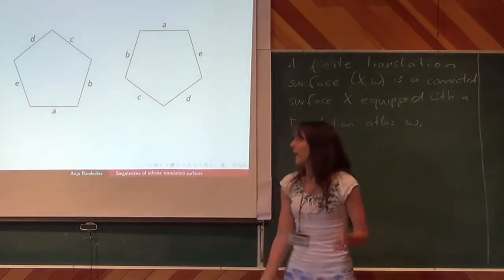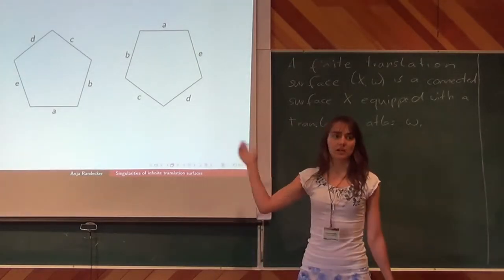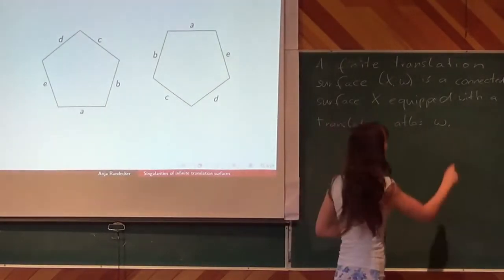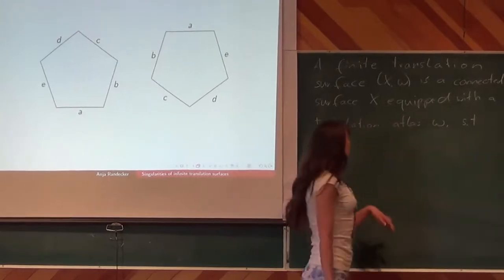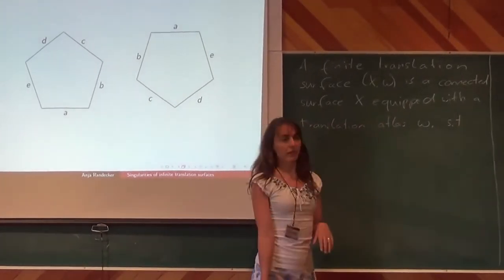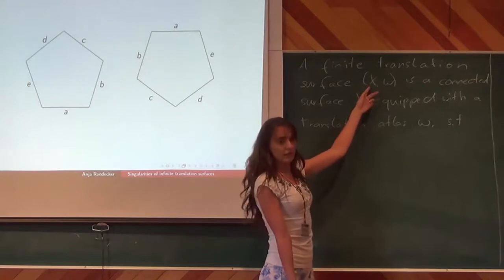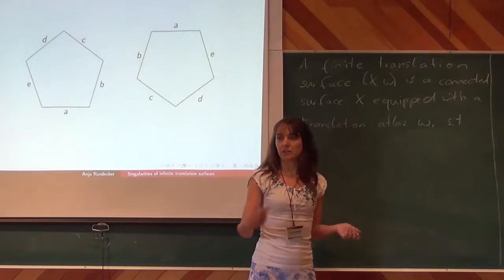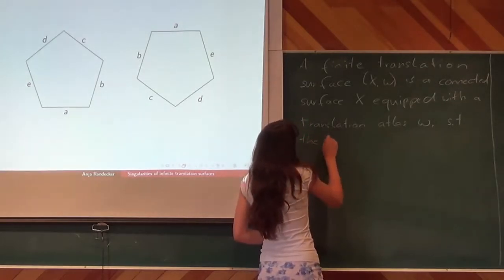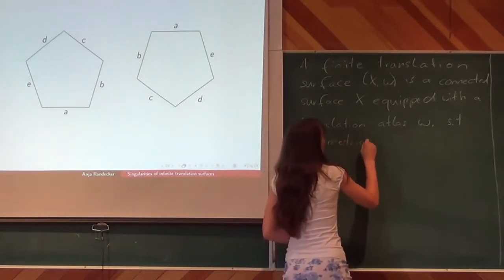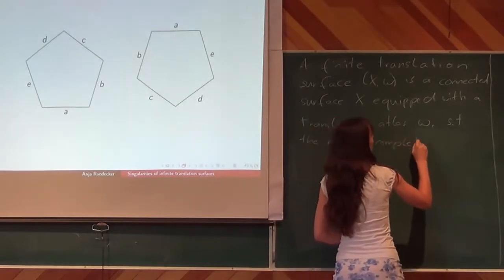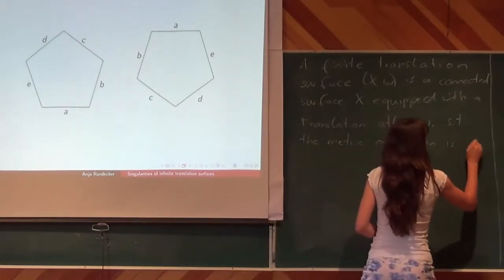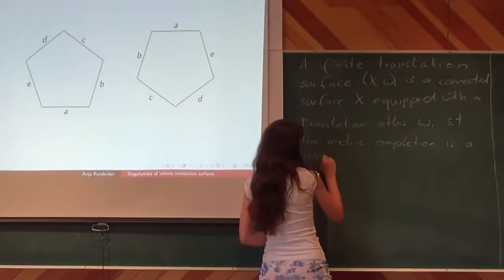We have to say something like the singularities are cone-angle singularities, or, my favorite way to say this, such that when we look at this translation atlas, we get a metric. Here the singularities aren't included in this X. When we take the metric completion, we get the singularities, and what we want is that the metric completion is compact, in fact a compact surface.